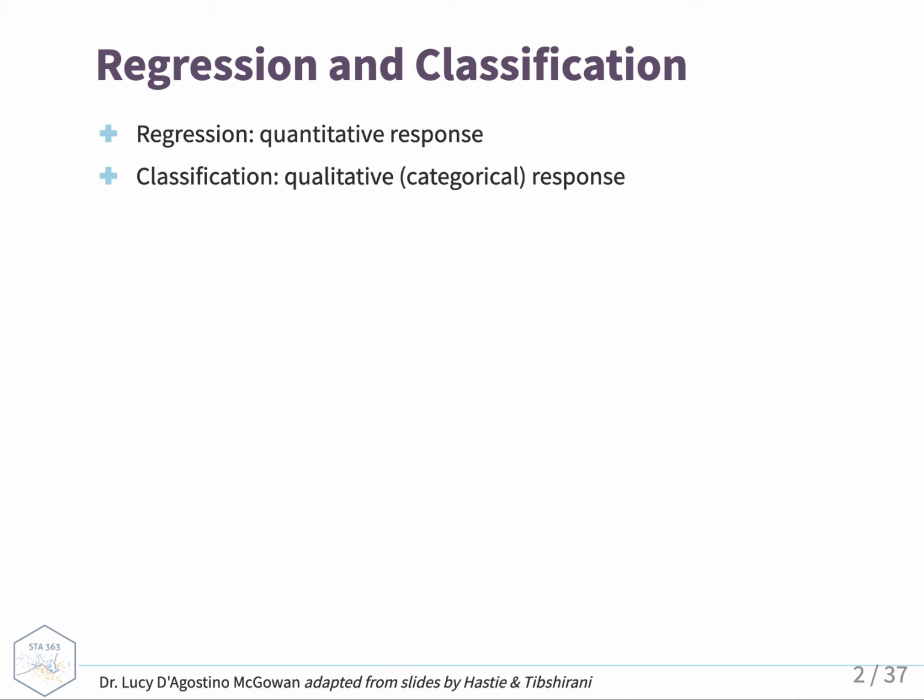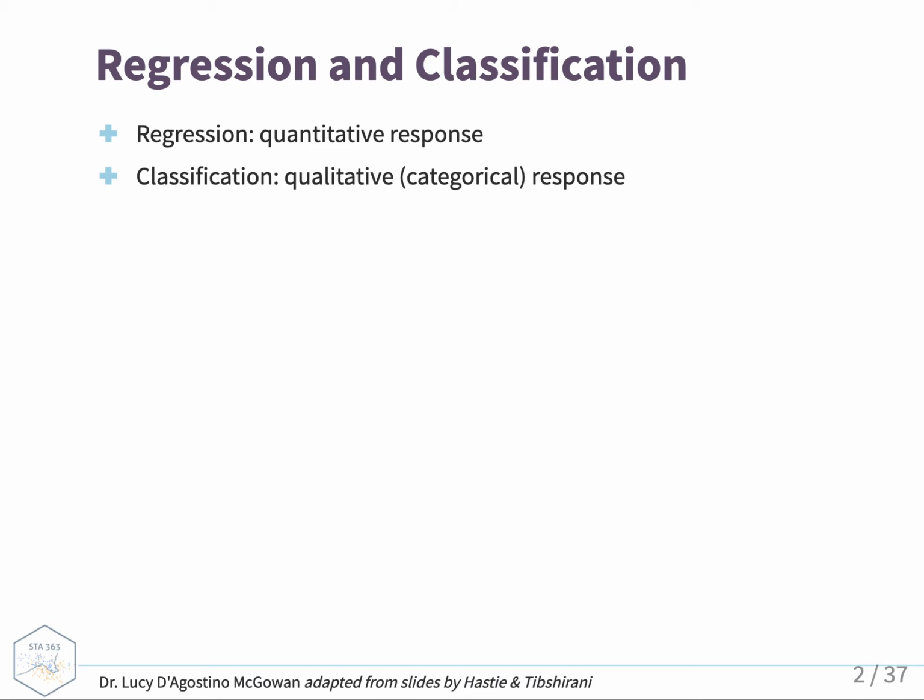All right, so as I mentioned in the last class, there are two main categories of analyses that we're going to be talking about. There's regression and classification. Regression is when you have a quantitative response, a numeric response. Something like blood pressure would be a quantitative response.